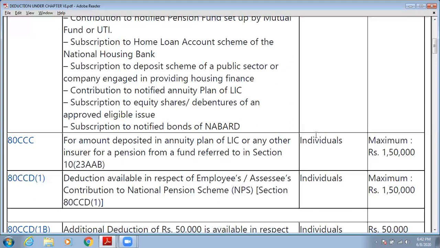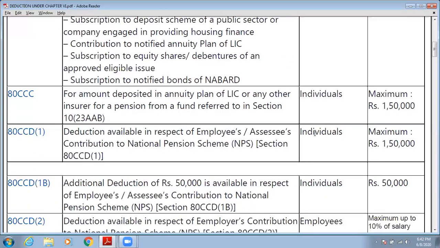Okay. Then next is 80CCD(1). So what is section 80CCD(1)? So let's see. The next deduction allowed to you is 80CCD(1). And when will this deduction be allowed? This deduction is available in respect of an employee's or assessee's contribution to the National Pension Scheme.